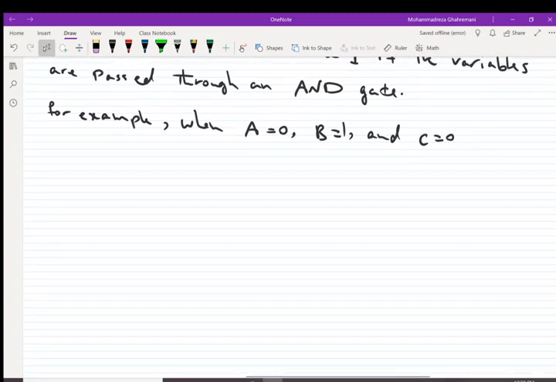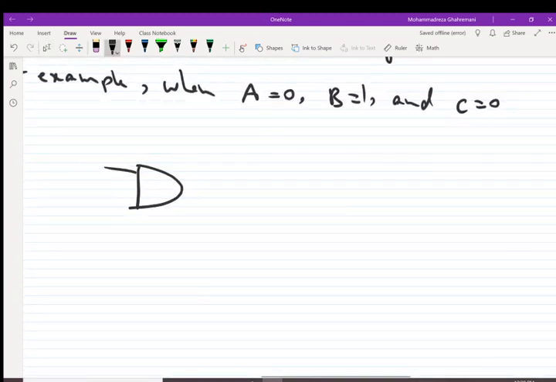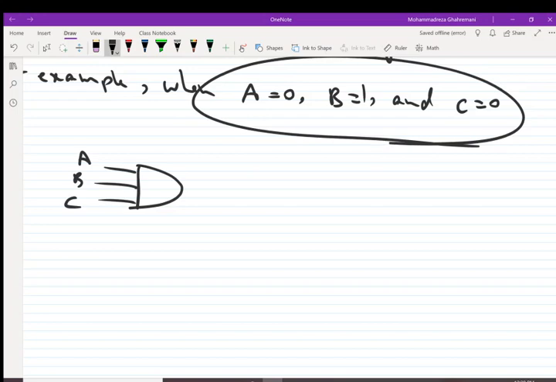We know that if we apply A, B, C as is to an AND gate, the output is 0 because A and C are 0, and the output of an AND gate is 1 only and only if all inputs are 1. So which combination of these variables should be applied to the input so we get 1 at the output?